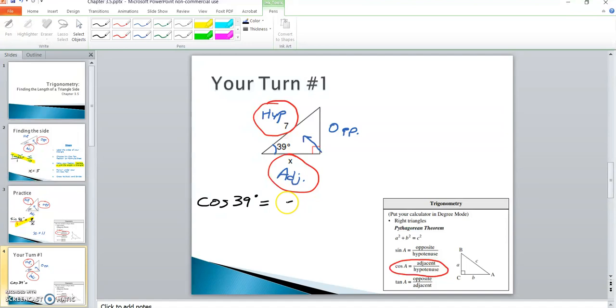And then I will have x over 7. So of course my next step is to put a 1 underneath the cos 39 and cross multiply and divide. So I'd like you to pause the video and go ahead and cross multiply and divide.